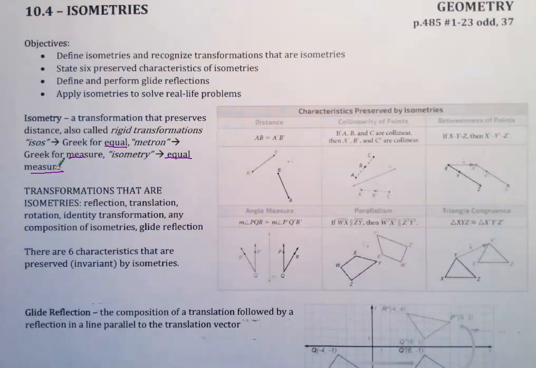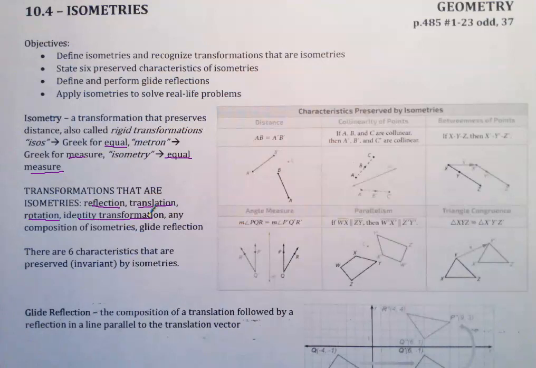So transformations that are isometries are the reflection, the translation, the rotation, and the identity transformation. What was that one? It doesn't change its identity. Remember, we maintain its identity. It was either a 360-degree rotation or any two rotations combined, which we call a composition, that equal 360.